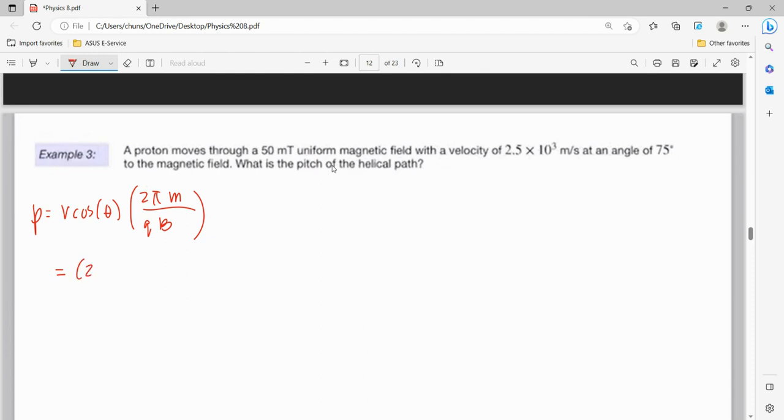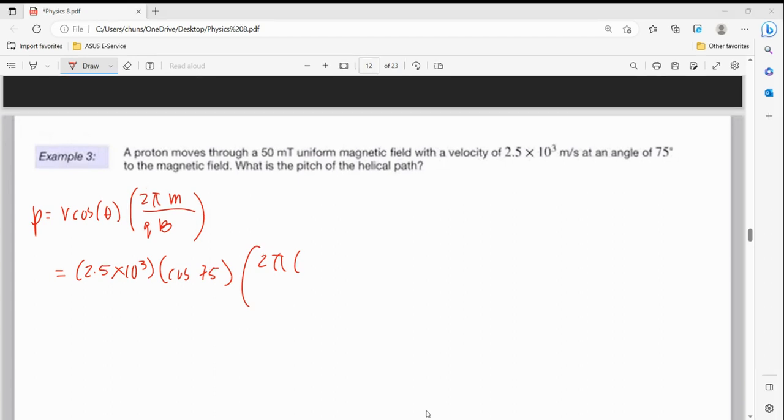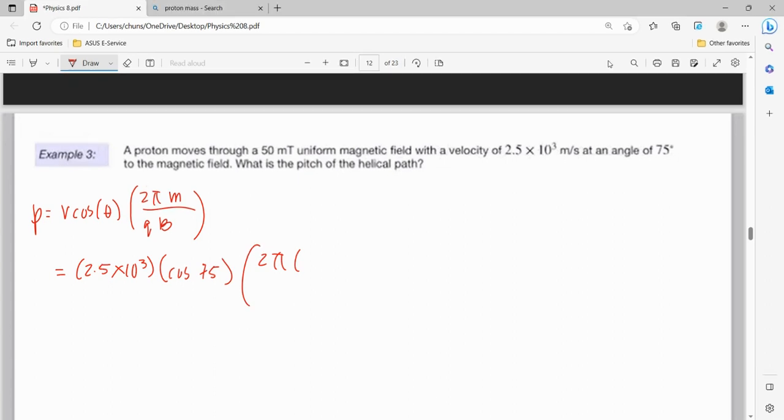So this is equal to 2.5 times 10 to the 3 times cos 75. This is times 2 pi, and our mass of our proton, which is 1.67 times 10 to the negative 27 kilograms. Our charge is 1.6 times 10 to the negative 19. We're given our uniform magnetic field, which is 50 milliteslas.